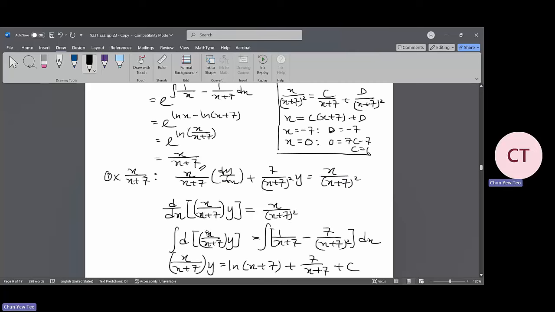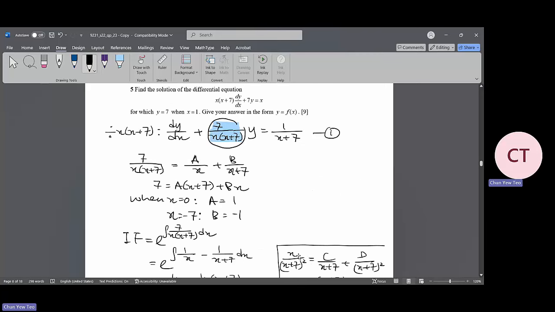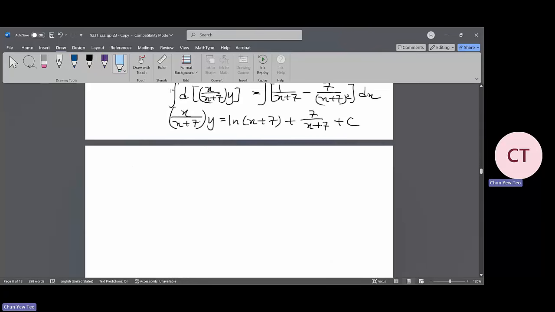So the initial value, after you come to here, we need to find the C. Then the initial value given over here is x equal to 1, y equal to 7. Okay, so given when x is 1, y is 7. So you just replace them inside here. x is 1, y is 7.